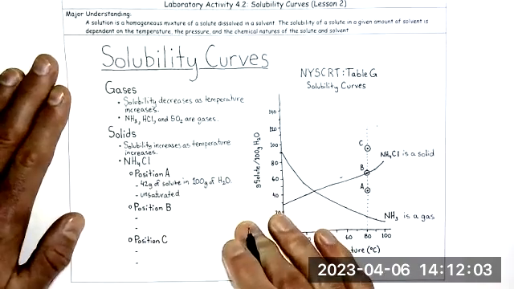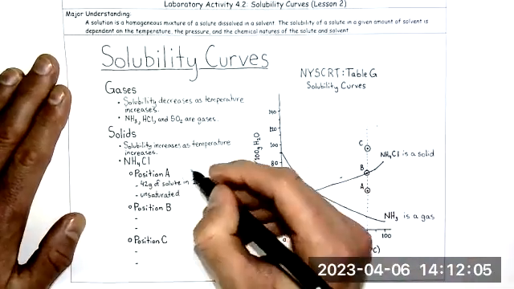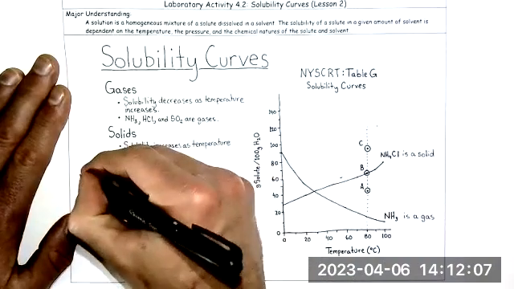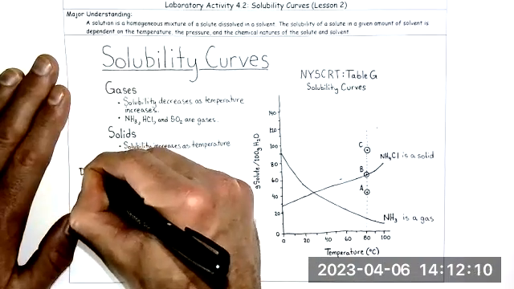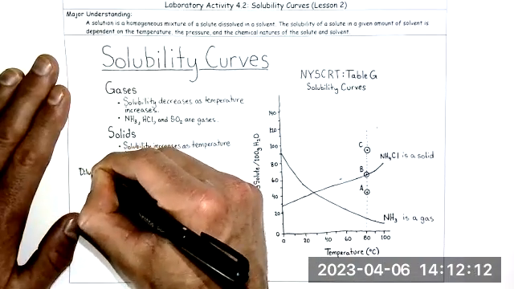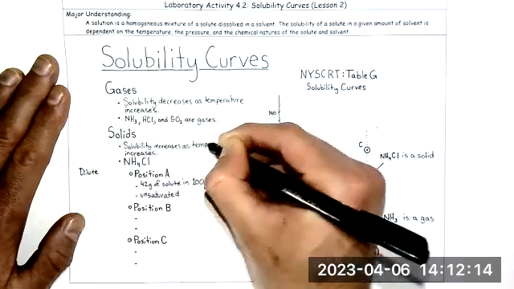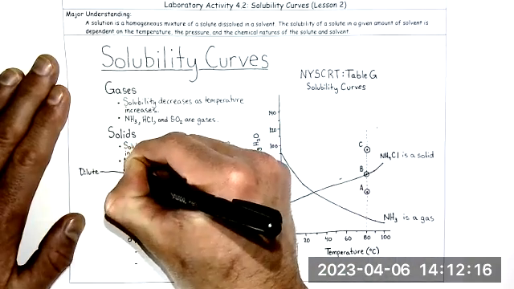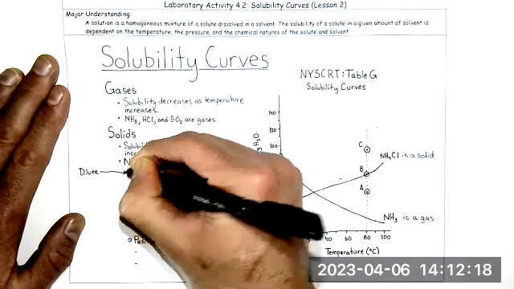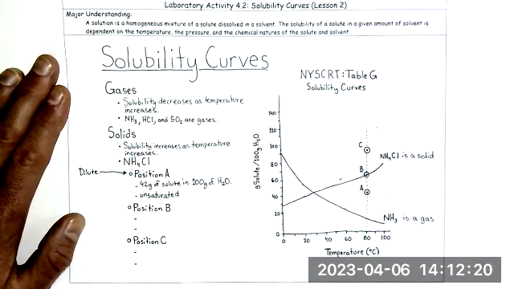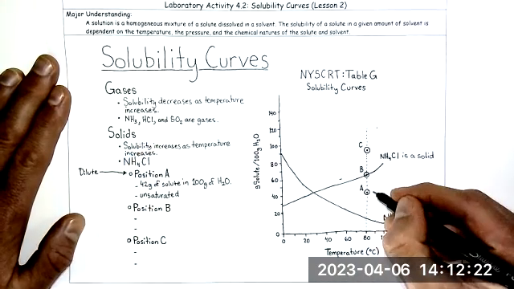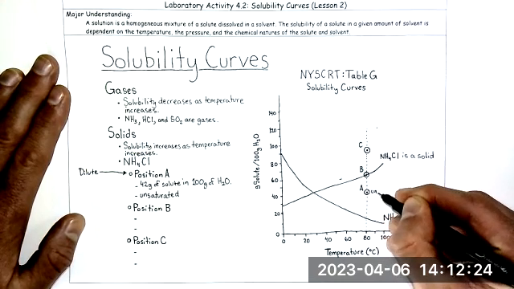Okay, and another term we could use instead of unsaturated, we could say that this solution is dilute. Okay, so unsaturated solutions can generally be referred to as being dilute. Okay, and so point A would be unsaturated.